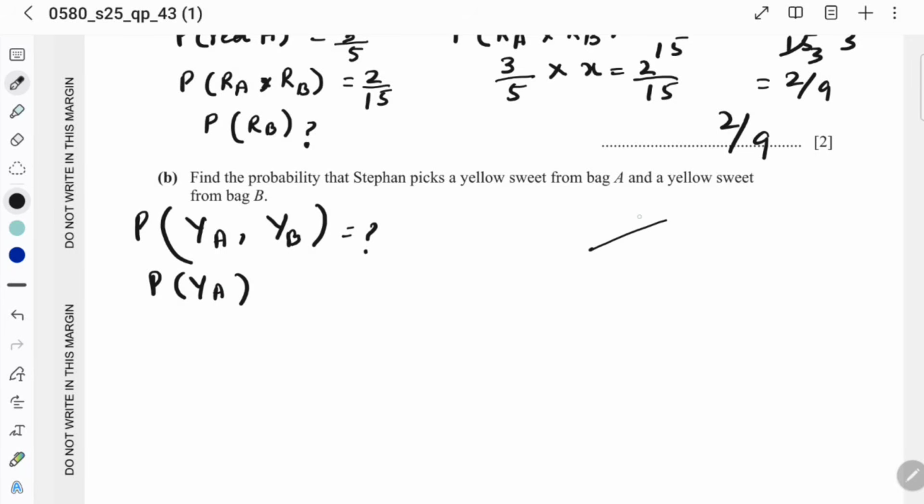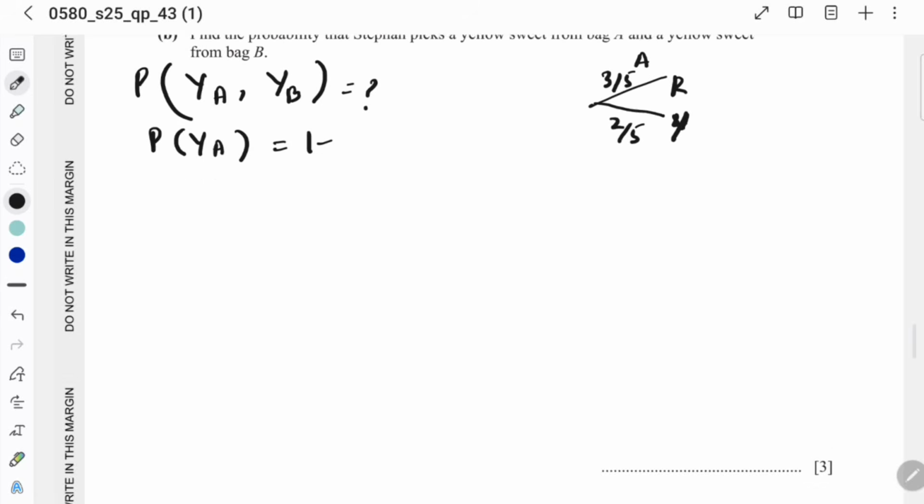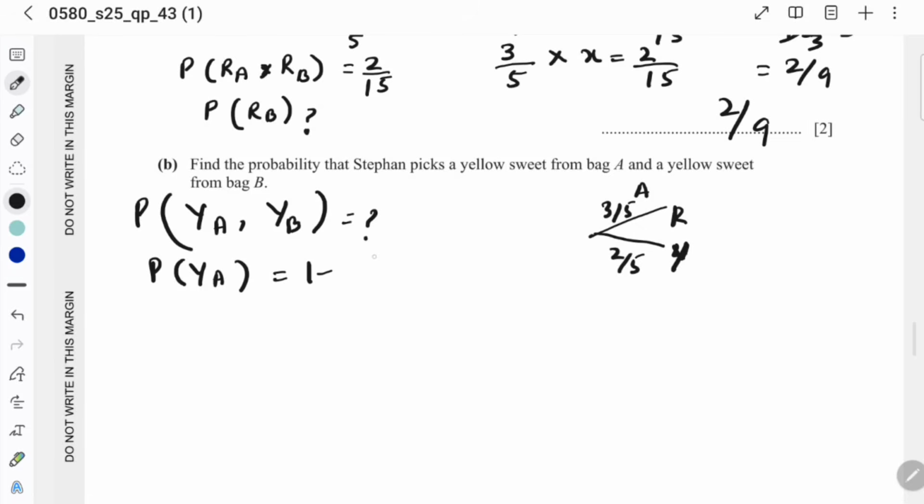From A, the red probability was 3 over 5, so the yellow probability will be 2 over 5. Because it's a 3 marks question, you can also write some working: 1 minus 3 upon 5 is 2 upon 5. So we have the yellow probability, which is 2 over 5.